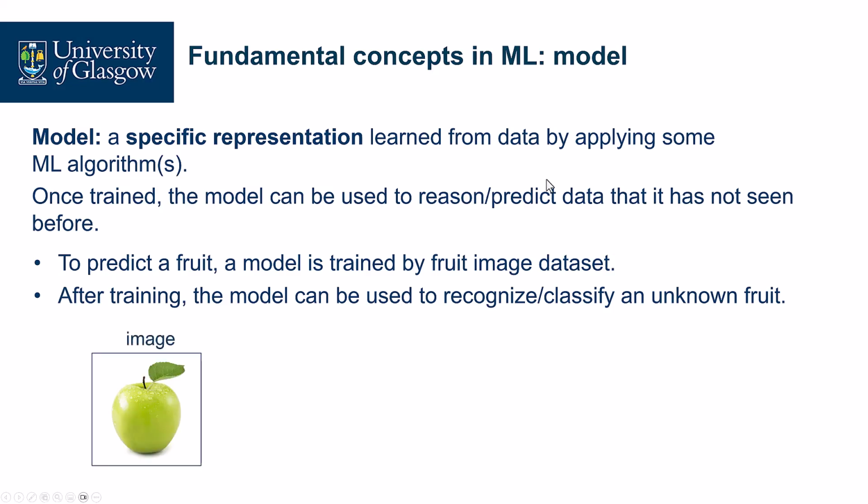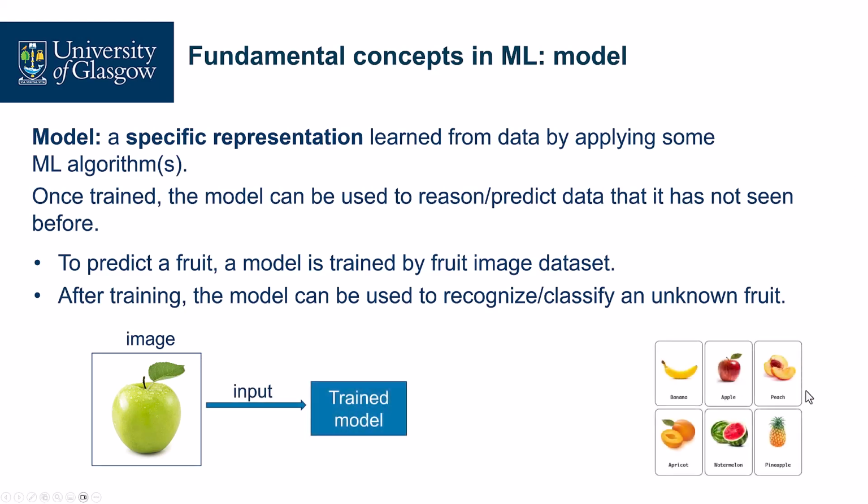For example, I give this green apple to the model, and this model is trained by this data set. We can see that this green apple is not included here, right? Then we obtain a trained model. Using this new one, the green apple, we can tell if it's an apple or not an apple. So this is a machine learning model.